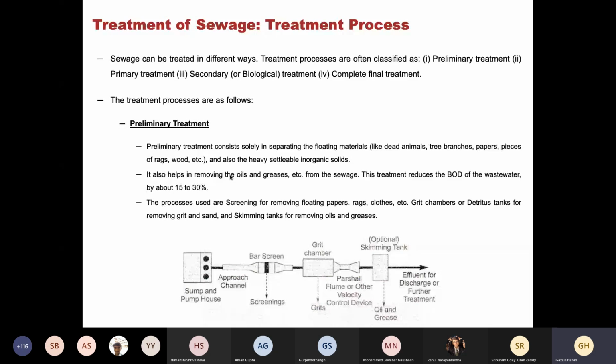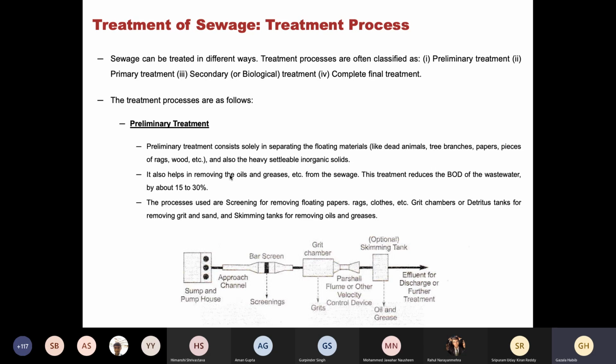Preliminary treatment is basically all the physical processes in which large contaminants like stones, wood logs, and other big contaminants are removed by various processes. Along with that, in preliminary treatment, oil and grease is also removed. Overall, this treatment reduces the BOD load by 15 to 30%.